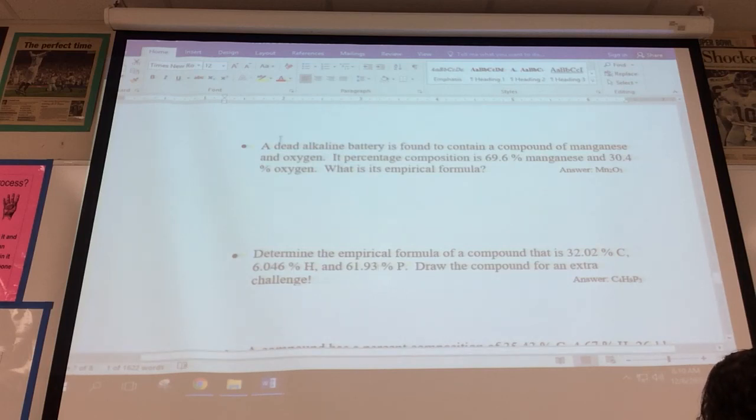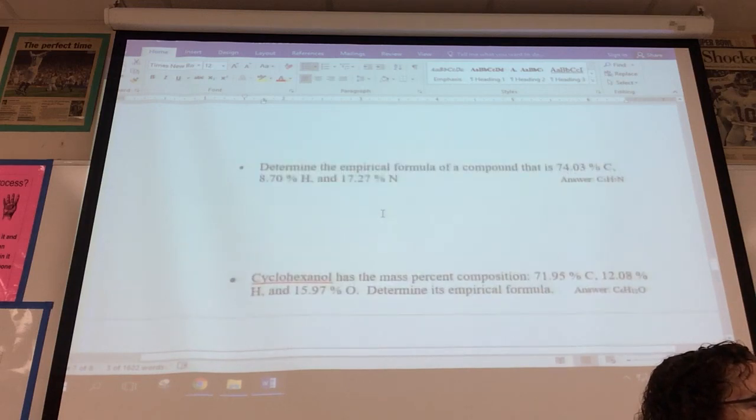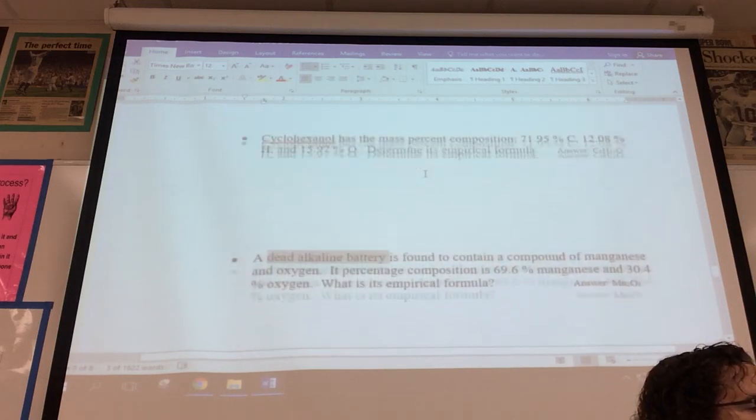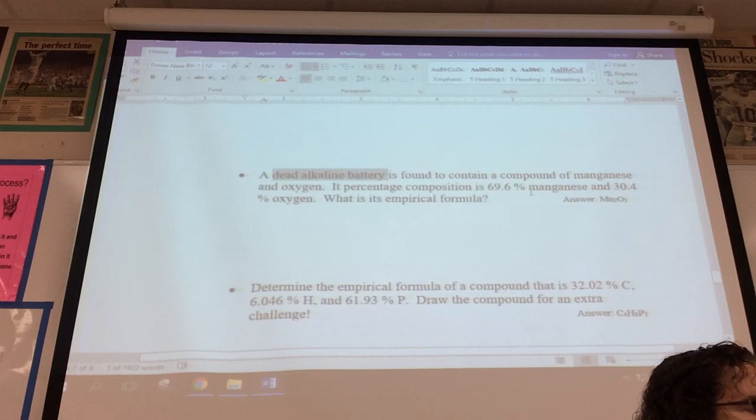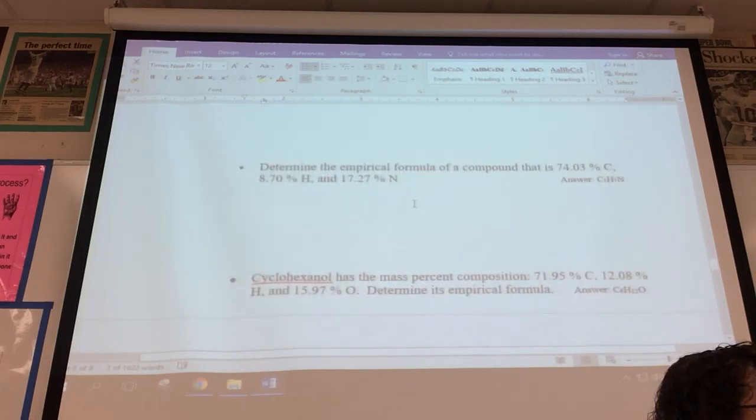A dead alkaline battery is found to contain manganese and oxygen again, but the dead battery's percent composition has more manganese now than it did initially and less oxygen.